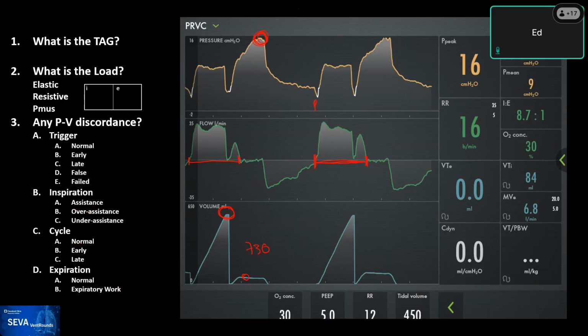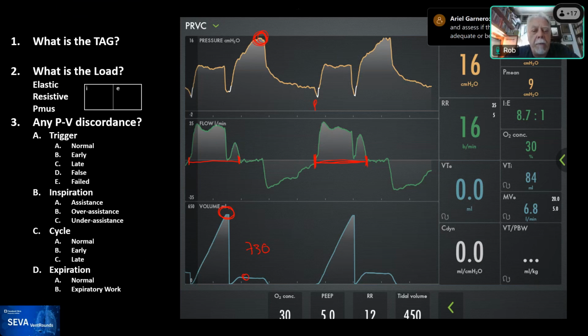But they don't behave the same, even though they cause the same discordance, which is a double trigger pattern. Roberto? Yep. So the message to me is that you shouldn't have this patient being subjected to mandatory breaths with an arbitrary inspiratory time. Let them cycle off themselves.